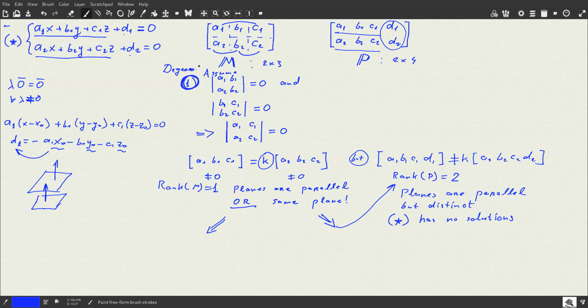Okay, so this is the case 1, degenerate case actually. Degenerate because the rows of M are already proportional to each other. So this case we denote as 1.1, which means no solutions, no intersection line at all.